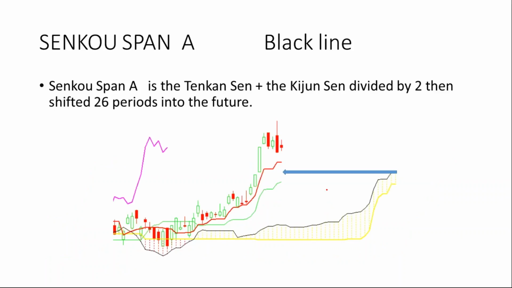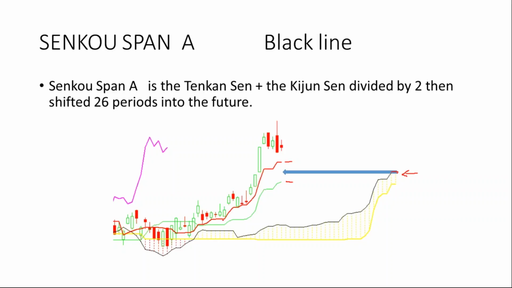The cloud is made up of 2 lines, Senkou Span A and Senkou Span B. Senkou Span A is the Tenkan Sen and the Kijun Sen added and divided by 2 and then shifted 26 periods into the future. So whatever the value of the Tenkan Sen and Kijun Sen is here, it is these 2 values divided by 2 and simply shifted into this period here in the future.